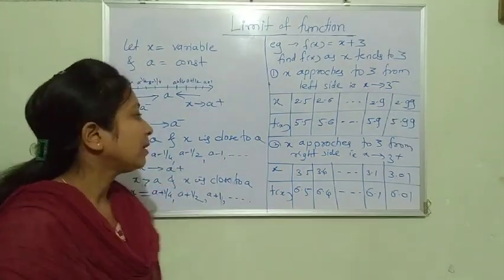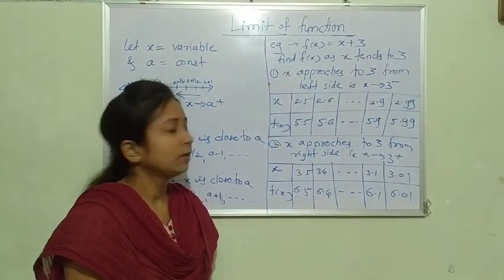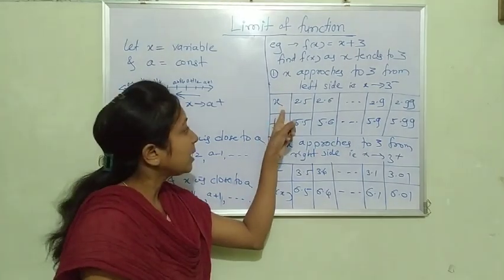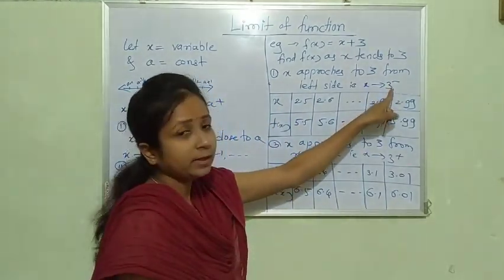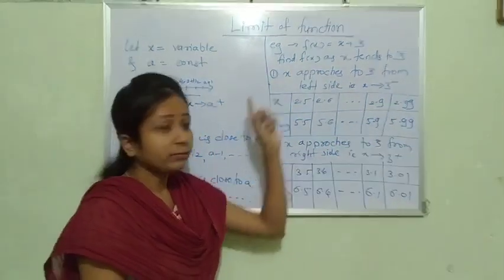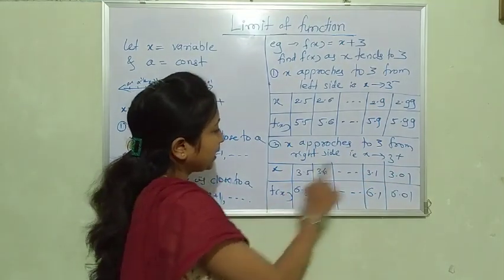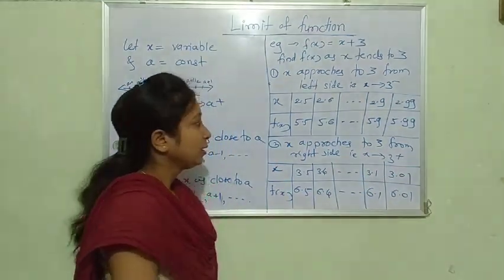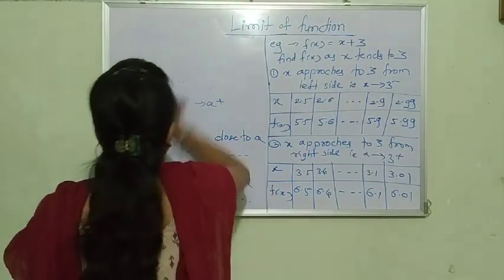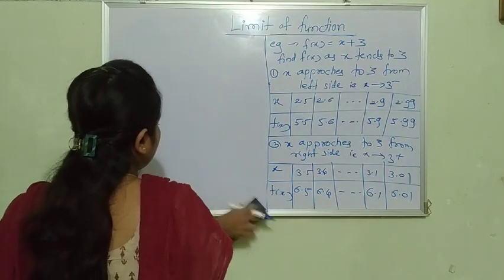See here, up to now we have prepared two tables. Now let us observe these two tables. What is our observation? Whenever x approaches 3 from the left side, f of x gets closer and closer to 6. And whenever x approaches 3 from the right side, f of x is getting closer and closer to 6. Therefore, from both sides, f of x gets closer and closer to 6.